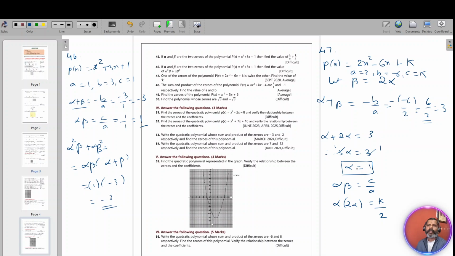What is alpha? We got 1. Right? So 2 into 1 square is equal to k by 2. 2 into 2 is equal to k, k equal to 4.